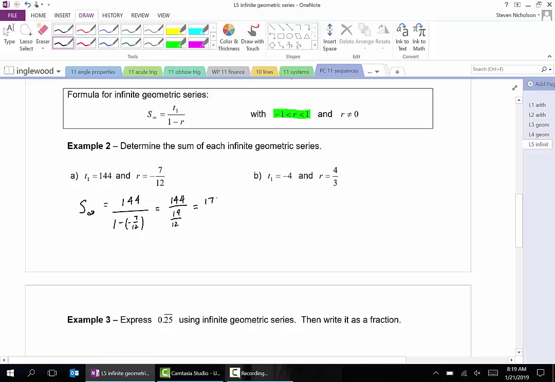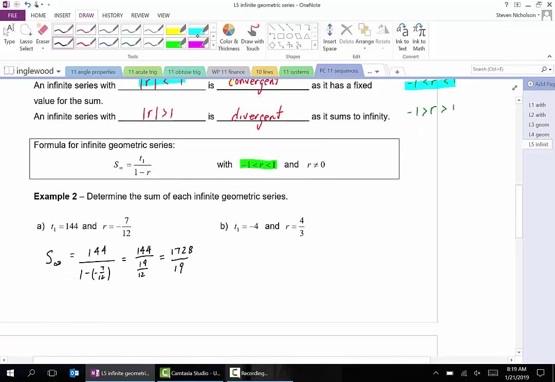And when we do that final calculation, here's what we get. That kind of nasty decimal is what these infinite amount of numbers will converge to and add to.